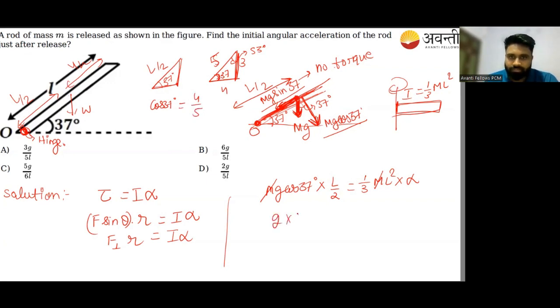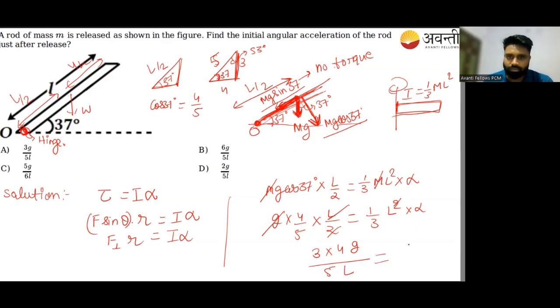So it is g times 4 by 5 multiplied with L by 2, which equals 1 by 3 times L square into alpha. One power of L gets cancelled out. So it is 2 and 2 got cancelled out, so it is 3 times 4 g divided by 5 into this L equals alpha.